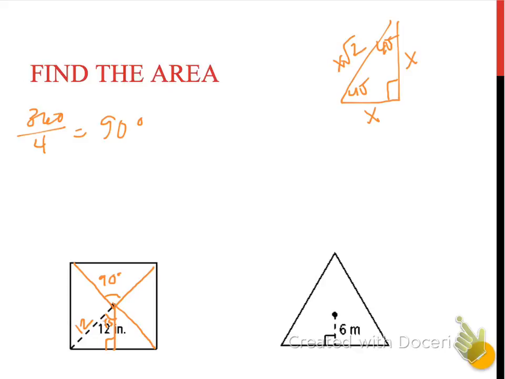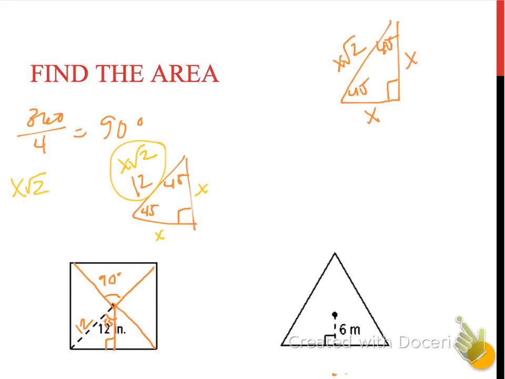Okay, so let's pull our triangle out. Right now this is 12, and these are both my 45s right here, and this is my right angle. I need to find both because I need that outside piece and the apothem. So if I relabel it, we're going to have these being x and this being x square root 2. These should be the same, so I can set them equal.